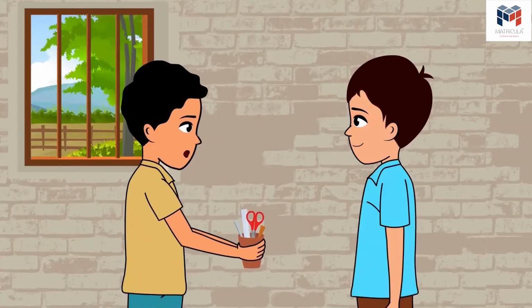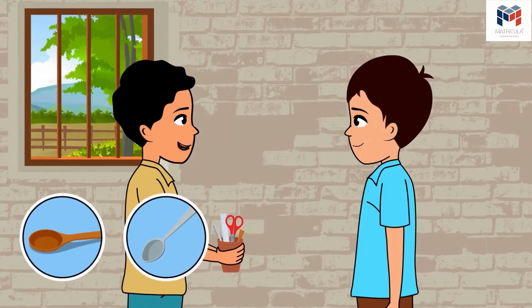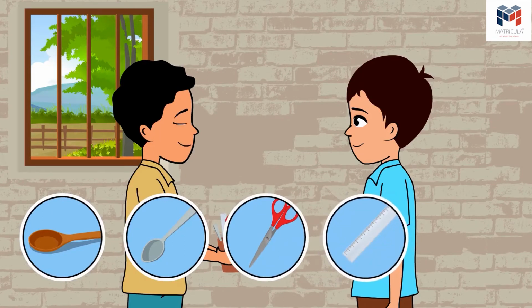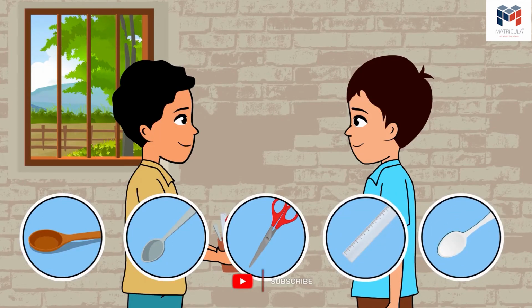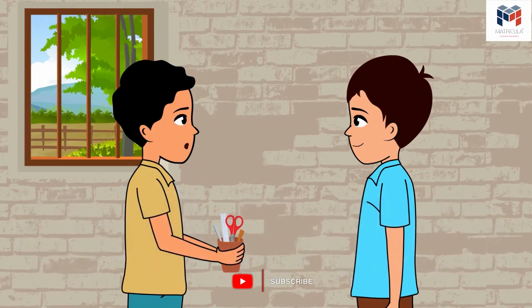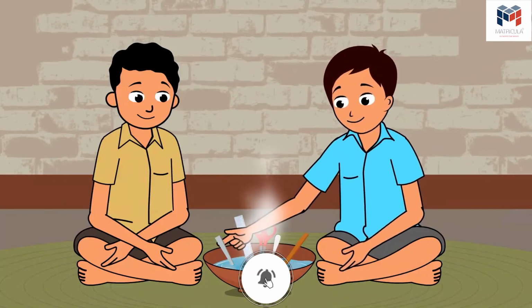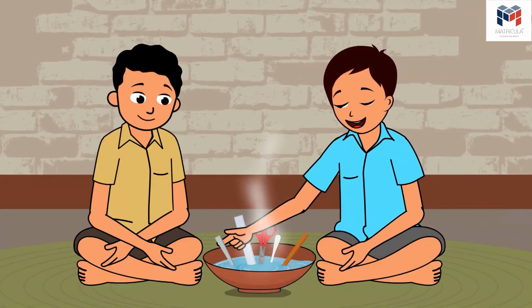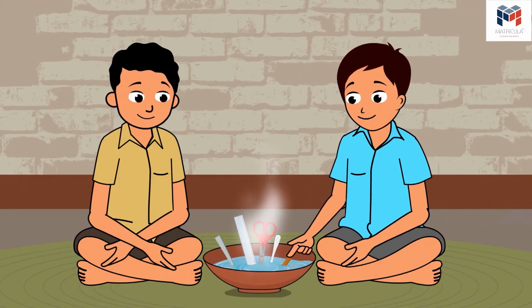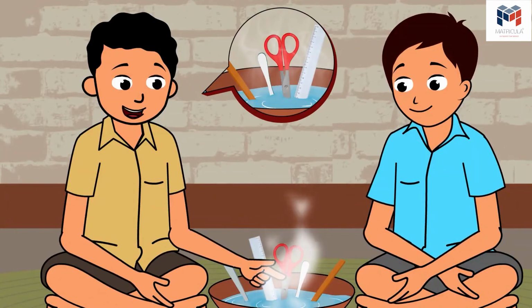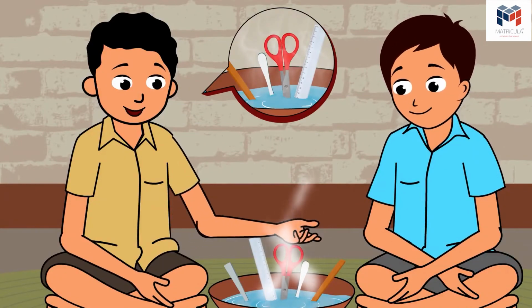Look, Ramesh, I have this wooden spoon, steel spoon, this pair of scissors, this plastic scale, and this ceramic spoon. Come, let us dip all of them in this hot water. Look, Ravi, this steel spoon has become so hot, and this wooden spoon, plastic spoon, and ceramic spoon haven't become hot. This pair of scissors made of iron has become so hot.